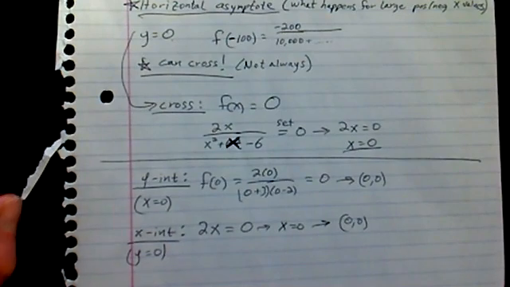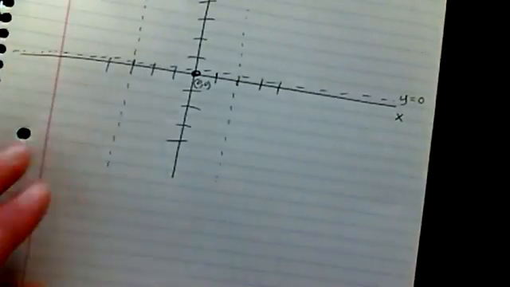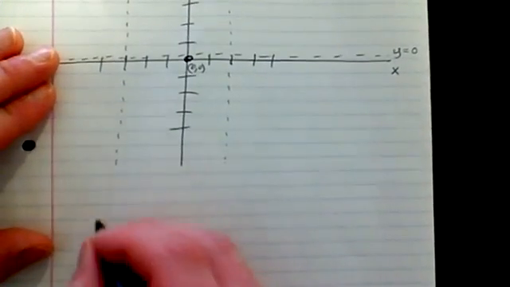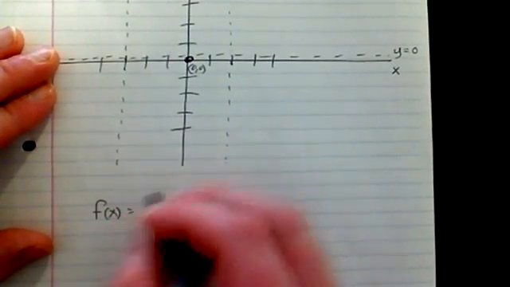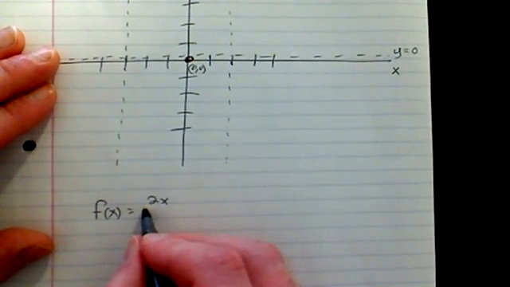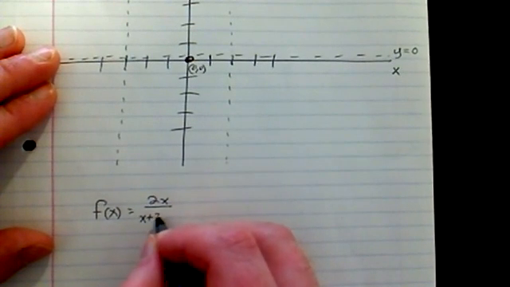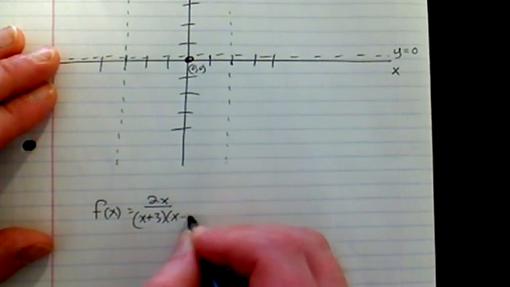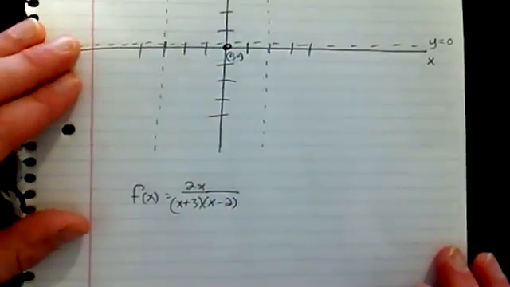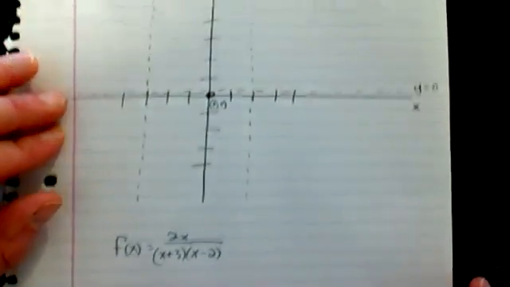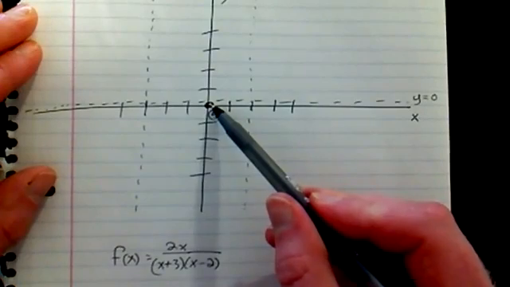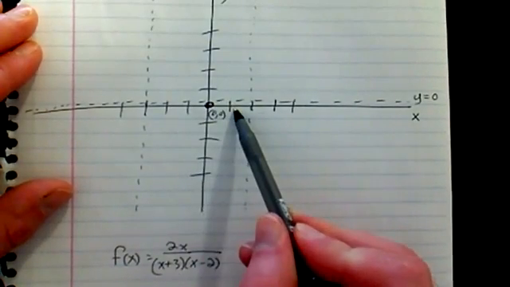Well, let's go to our graph. So here's our graph. Once again, our function is f of x equals 2x over x plus 3 times x minus 2. Right there. So we know we're crossing here. What's happening here and here, though?